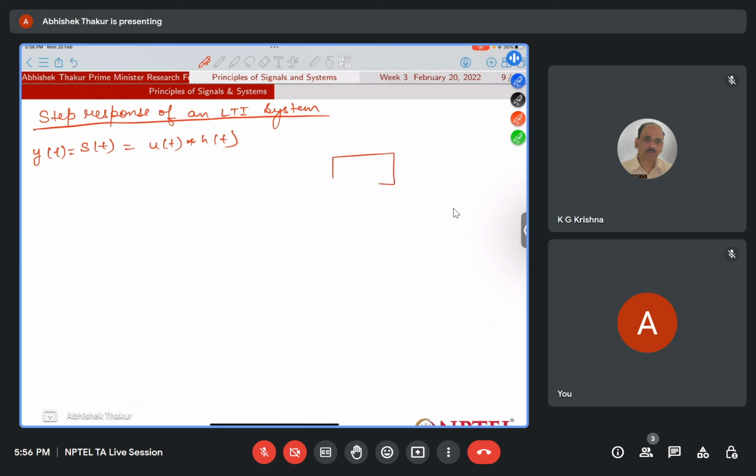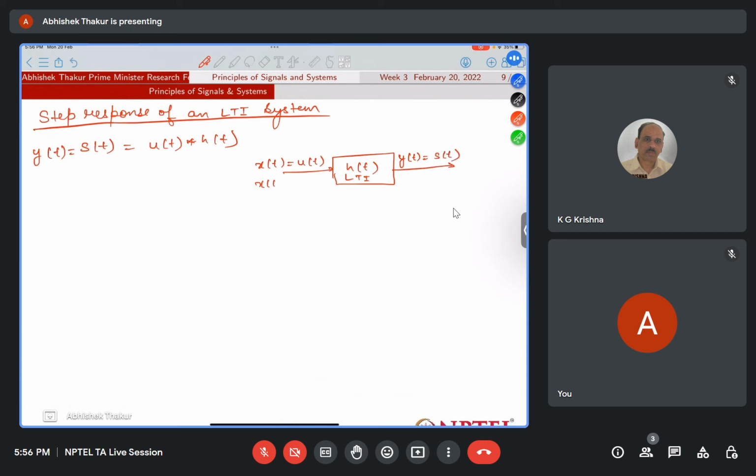let's suppose this is our system, and if we give here xt as ut, so this will be the step response of an LTI system. So the output will come as yt is equal to st. That is also a step response.